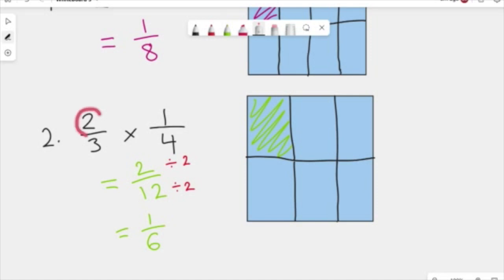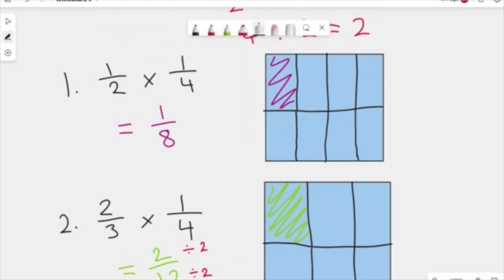But we had 2 multiplying by 1. 2 by 1 gives us 2. And the denominators multiplied each other to give 12. And then we could simplify it to ultimately give us 1/6. So that is essentially the formal procedure that we undergo.